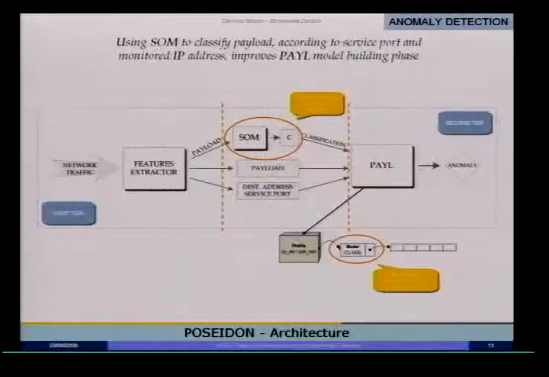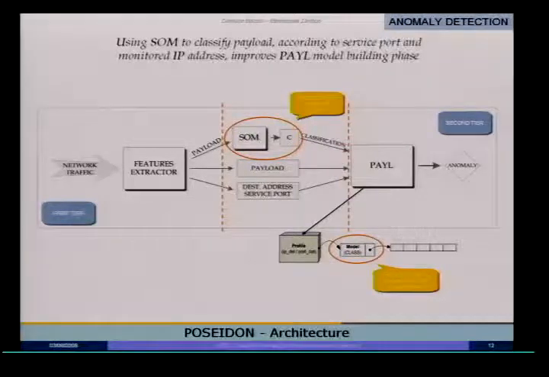So the whole architecture of Poseidon is presented here. We have a new tier, a new level that is composed by the self-organizing map that provides the classification. The self-organizing map needs a training phase. So first we have to train the first level, and then we can use the classification for the PAYL algorithm.